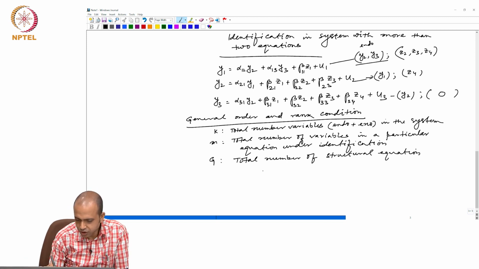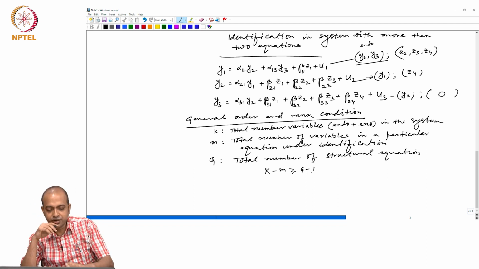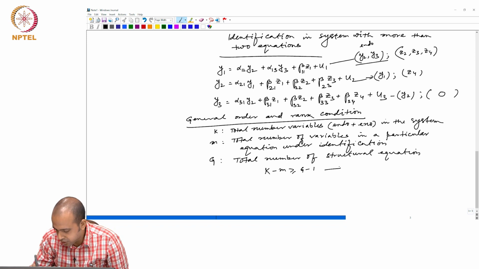Then what is the condition? K minus M should be greater than or equal to G minus 1. This is the general rank order condition. So, this is the general order condition.